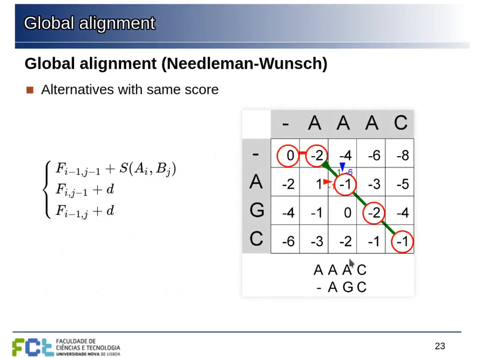Basically, if we go up, then we need to use one of the elements in this left sequence without using any on the top sequence, because we remain on the same column. If we go left, then it's the reverse. We need to use one of the elements in the top sequence without using anything on the left sequence.